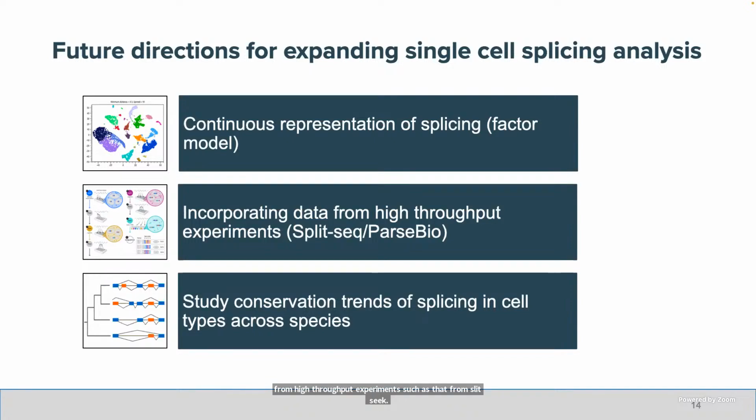A very interesting potential avenue is also to explore the conservation trends of splicing in cell types across species, especially human and mouse, for which we have a lot of data across different organs.